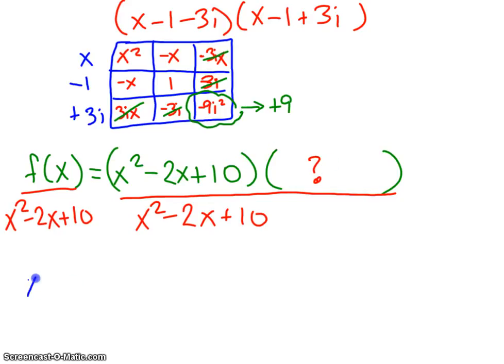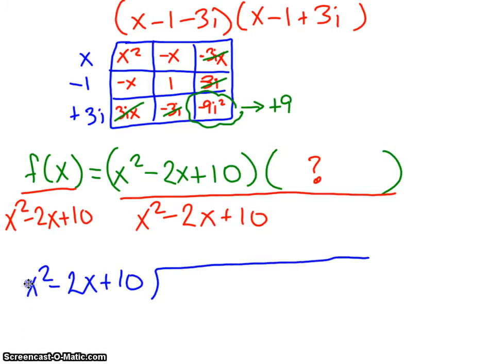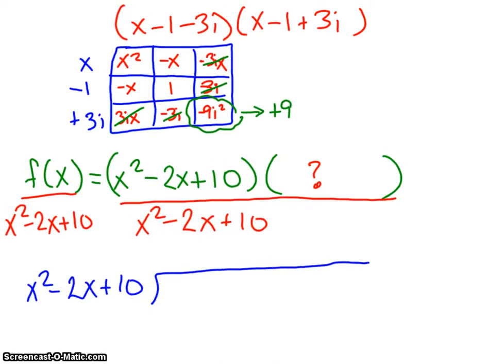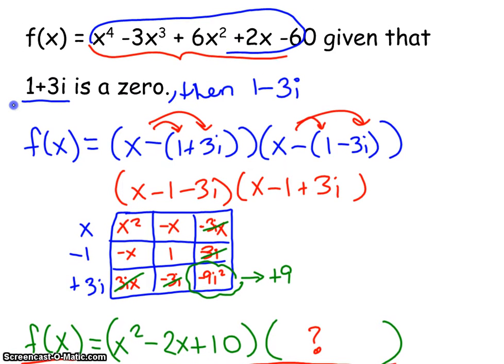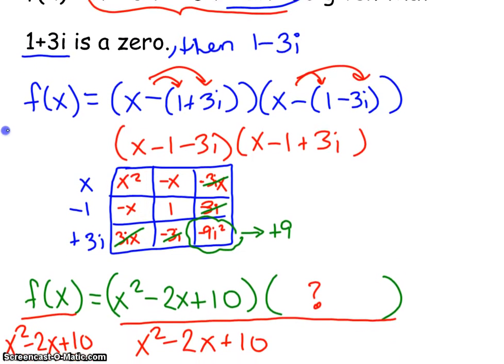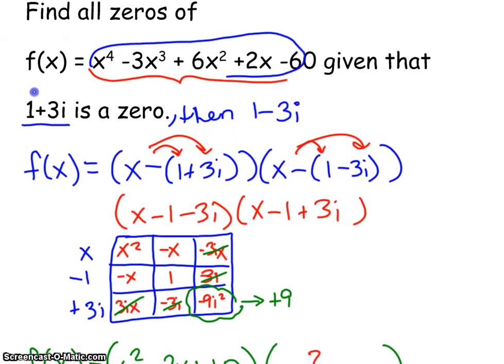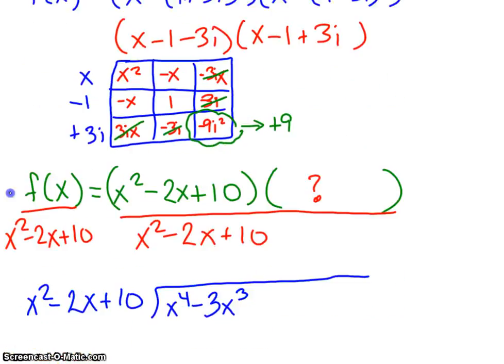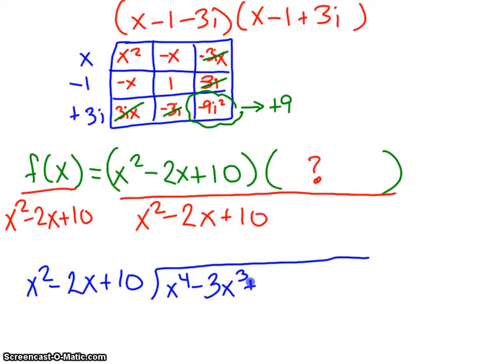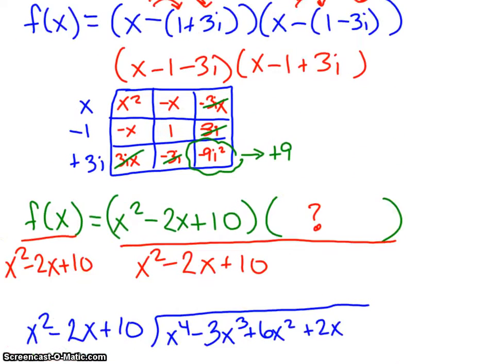All right, so I have x squared minus 2x plus 10 divided by, let me go back real quick, x to the 4th minus 3x cubed and 6x squared, 2x, and I think it was minus 60. Let me see. Yeah.